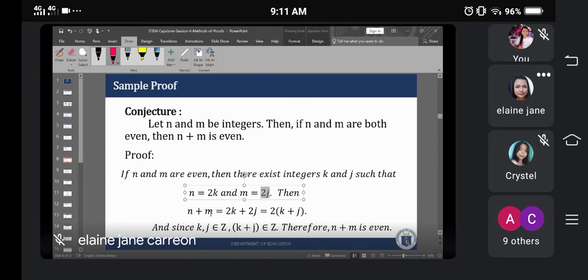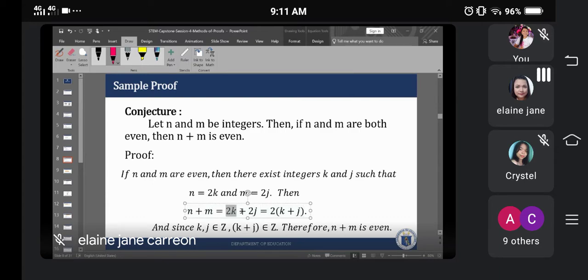Then n plus m will be equal to, what is the equivalent of n? 2k. Did you see that? Next, what is the equivalent of m? 2j. So we're going to add that: 2k plus 2j. Do you still remember your lesson in grade 7, which is common monomial factor?